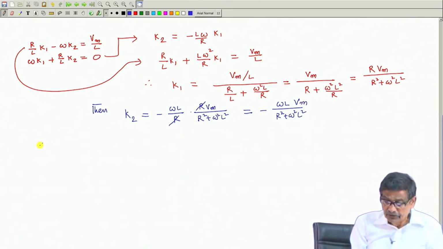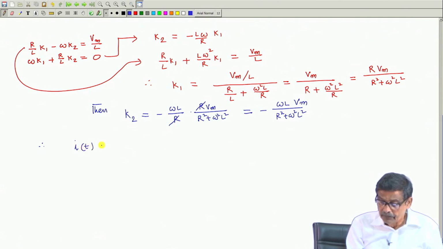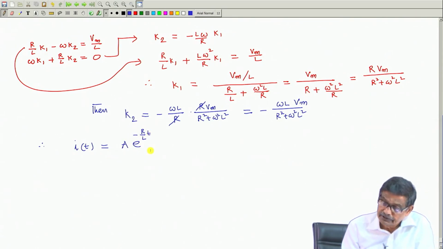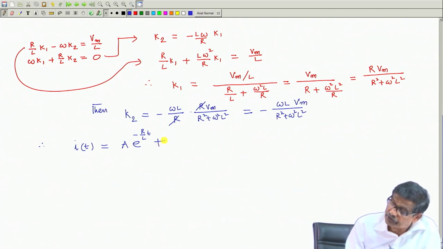Therefore, the total solution I t will be equal to A into e to the power minus r by L into t, that is the natural response, plus the solution due to the forcing function.